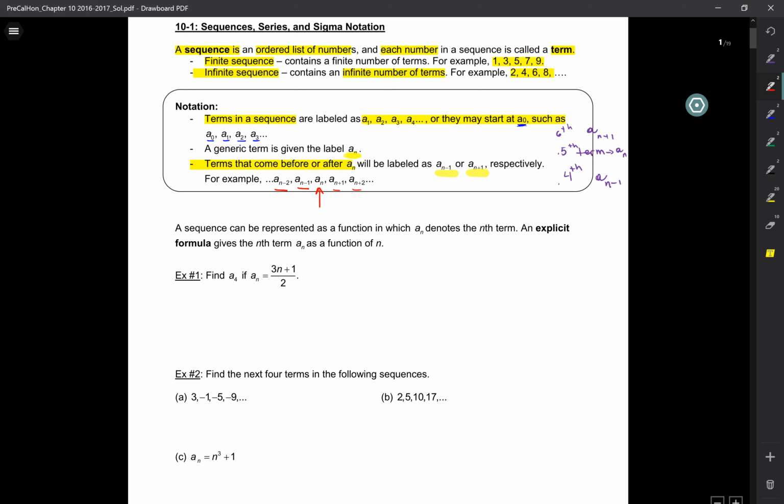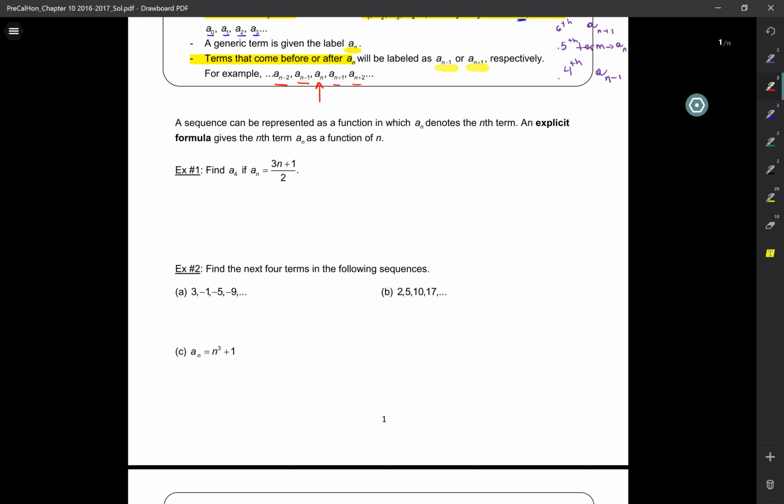Okay. Sometimes a sequence can be represented as a function. And in that case, AN is the nth term. And sometimes you have a formula which explicitly defines how to find each and every single term, right?